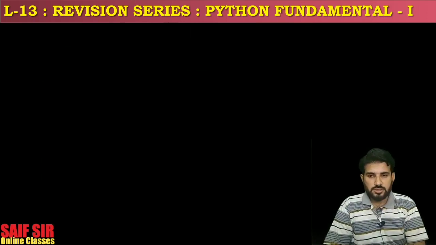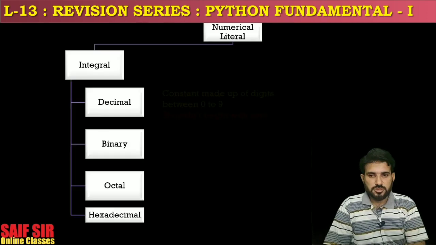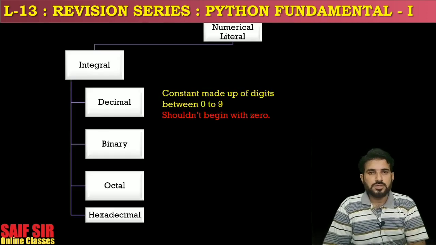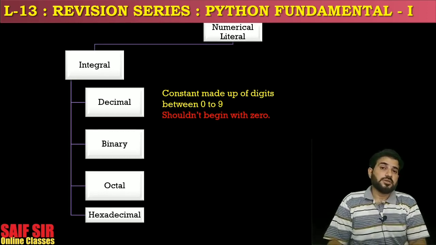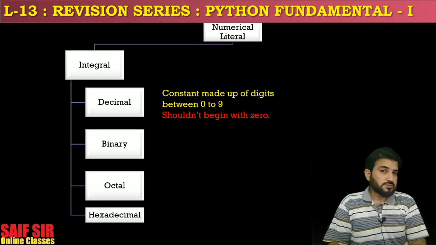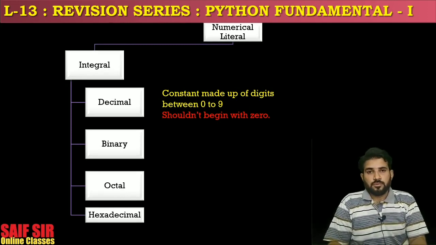So let's start. What is decimal literal? Decimal stands for 10 symbols, so 0 to 9 is a total of 10 symbols. Any number made up of these 10 symbols is called a decimal literal. But the condition is that it must not start with 0 usually.